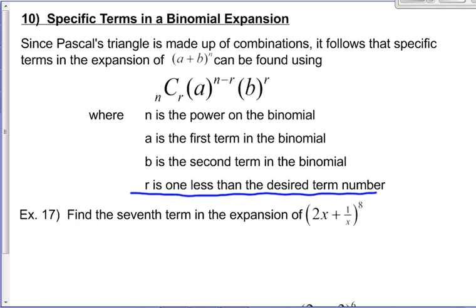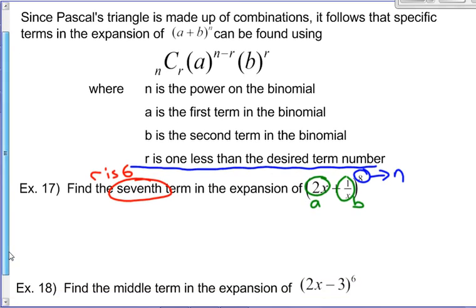So in this example, if I want the 7th term in the expansion of 2x plus 1 over x all to the 8, that 8 is going to be my n. This 2x, that's my a. 1 over x, that's my b. And we're looking for the 7th term, so r is 1 less. r is 6.